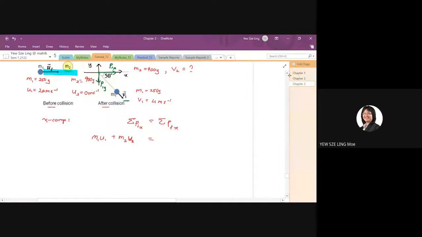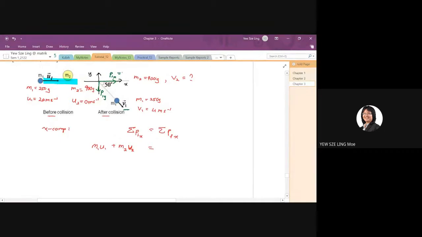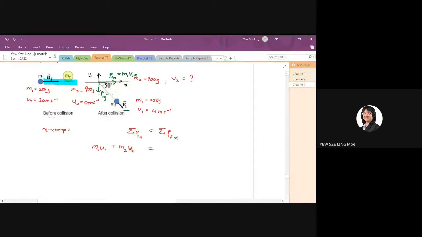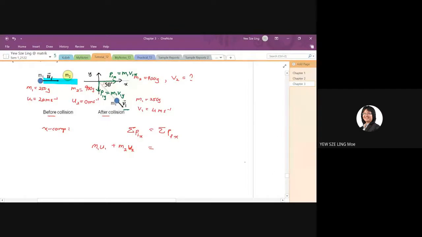So what does it mean by p1x? p1x is m1 v1 along the x component. p1y is equal to m1 v1 along the y component.